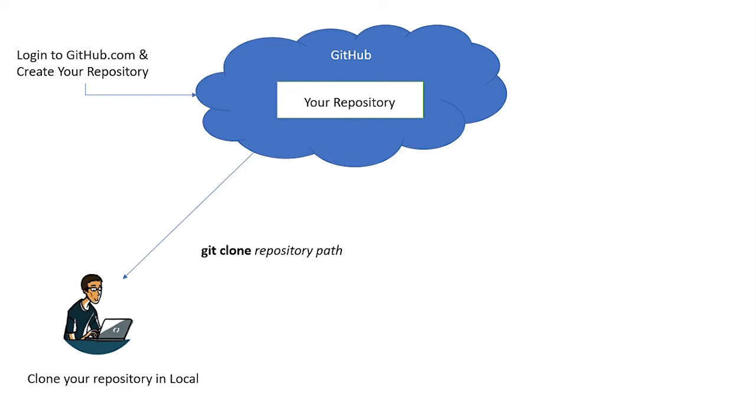Say for example, if you want to clone the repository in D drive under folder named local path, then you have to open the D drive and go to the folder called local path and then open the command prompt in that path and then execute this command. So what happens is your remote repository will be cloned in D drive under local path folder. So that local path folder is going to be called as local repository.